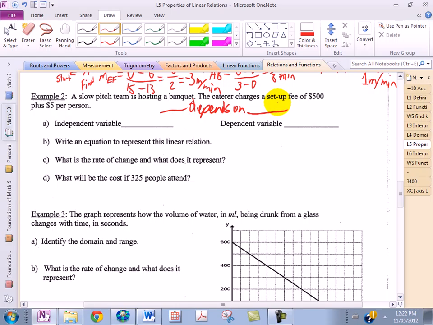We're looking at your total cost. So your total cost depends on the number of people that attend.